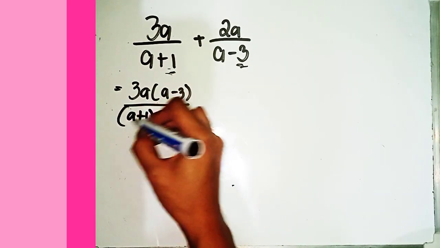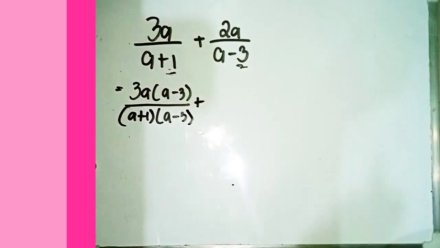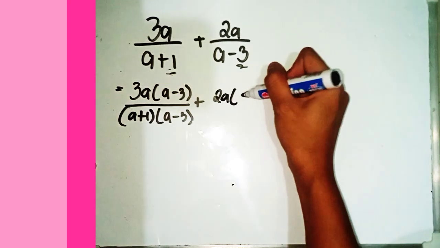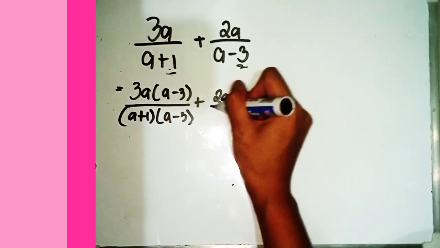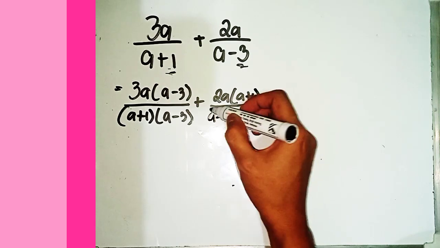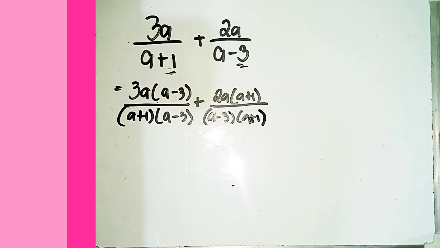Whatever you would be multiplying on the top, you should also multiply it on the bottom. So 3a times a minus 3 all over a plus 1 and a minus 3, plus 2a times a plus 1 all over a minus 3 and a plus 1. After that, we should apply the distributive property.